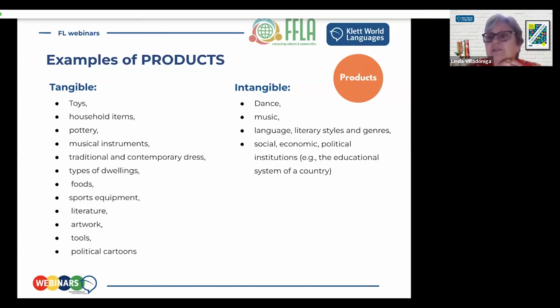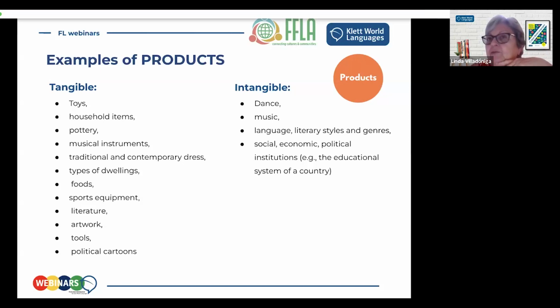So you might start the conversation by asking them to think back in their childhood, depending on what grade level you teach. I taught mostly high school, so I would have them think back to their elementary school days, for example, and think of what toys they played with, or what musical instruments were around their house, or what foods they ate, depending on the topic.